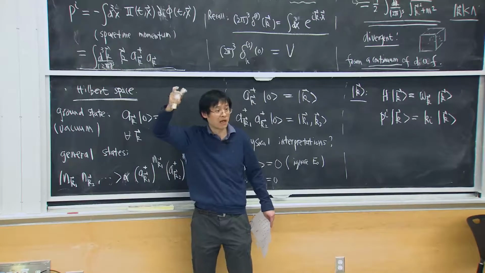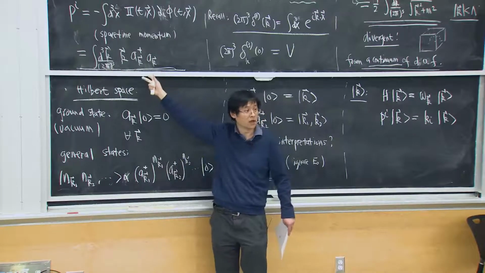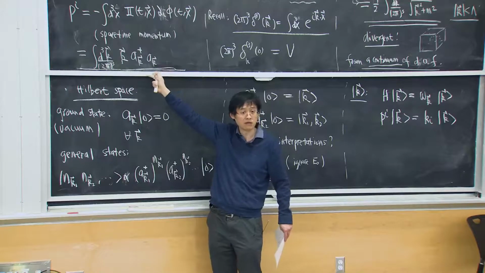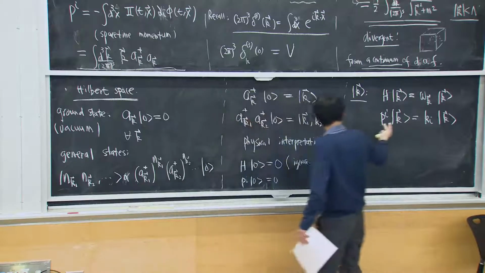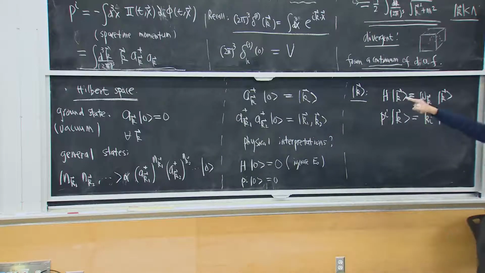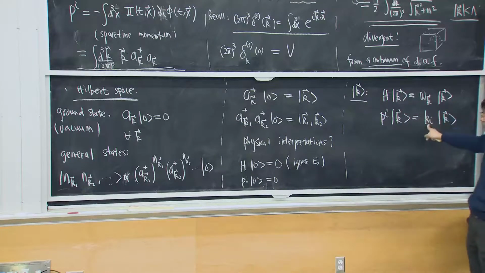There's one step of calculation there, and you should do it yourself. A one-minute calculation. A delta function will be generated, and that will get rid of that integral, and then you'll pick up this k_i.